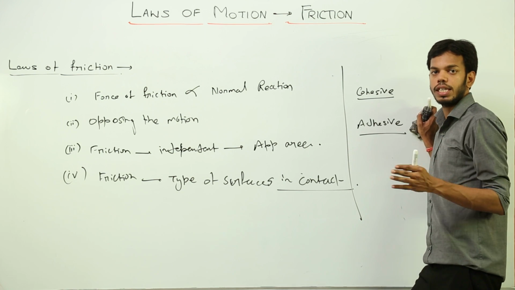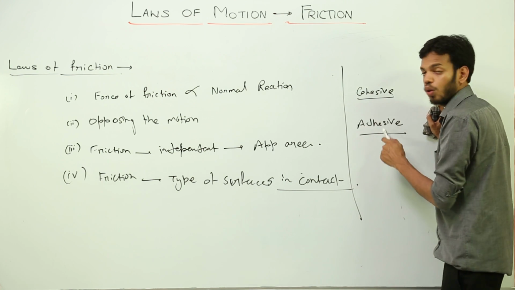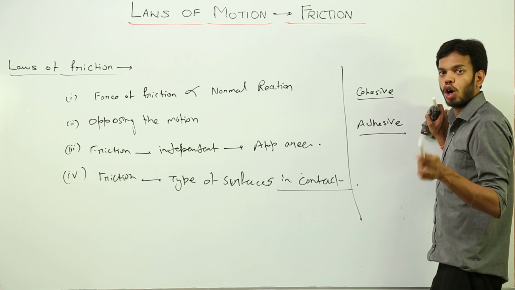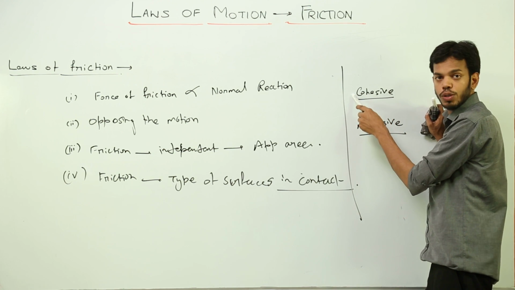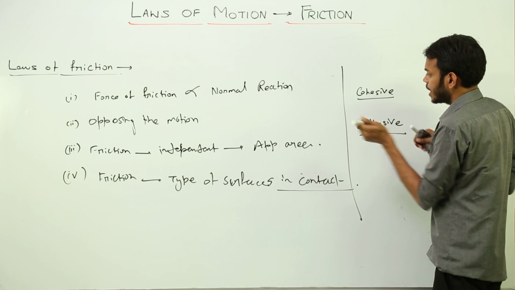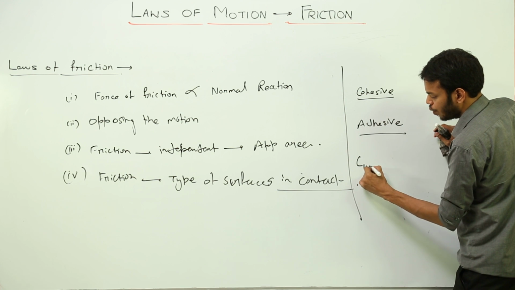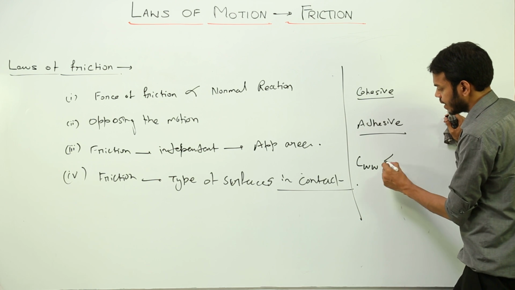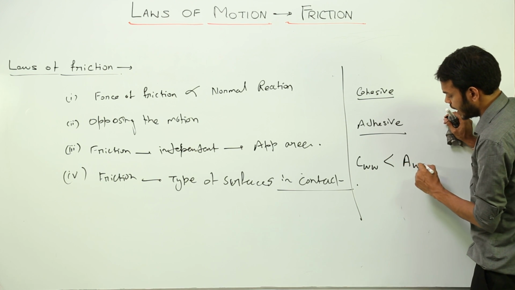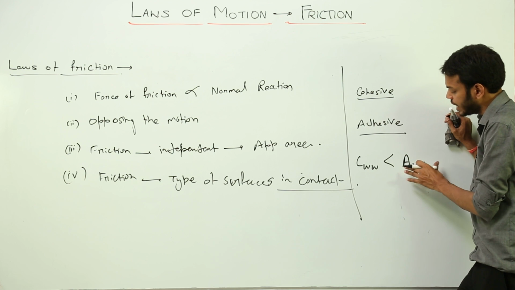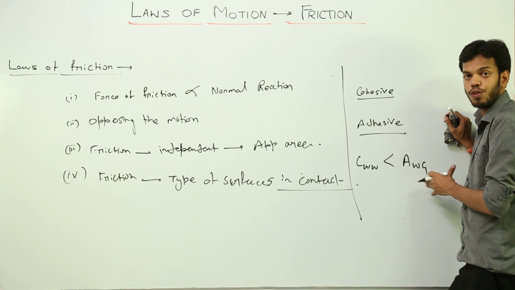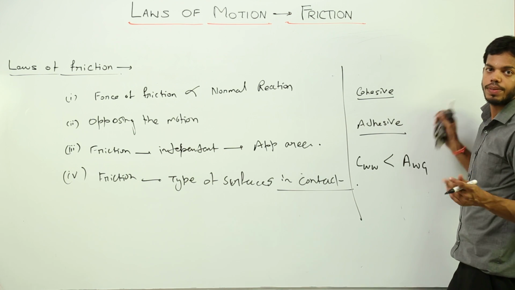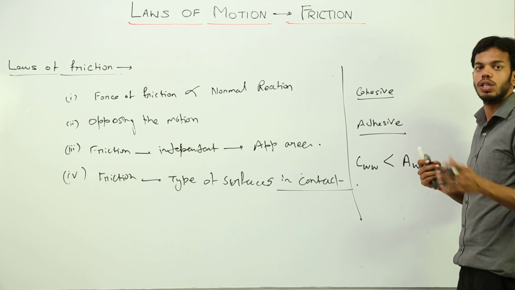So the difference is the force between them. In the first case, the cohesive force between water and water molecules was less than the adhesive force between water and glass molecules. So this adhesive force was stronger, that is why it overcame the water and water molecular force, and that is why the water droplets cling to the surface.